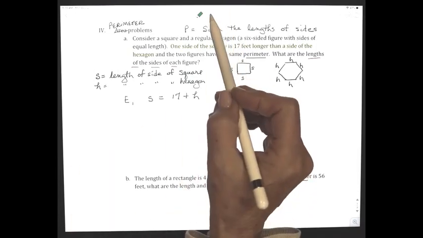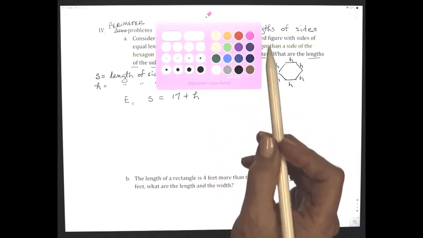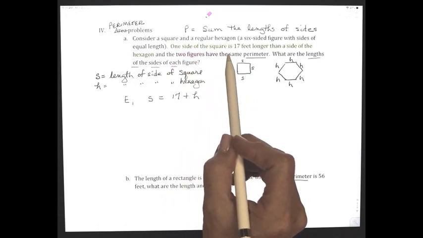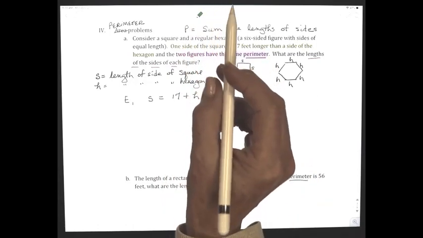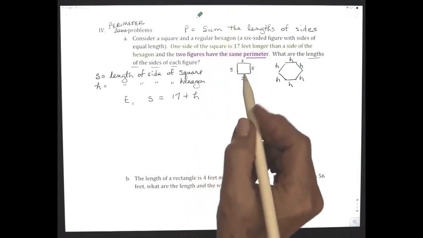And the second equation, let me go back and read again. The two figures have the same perimeter. All right, so that means their perimeters are equal. So how do you find the perimeter of a square?